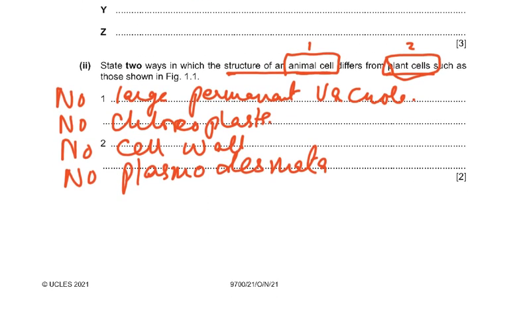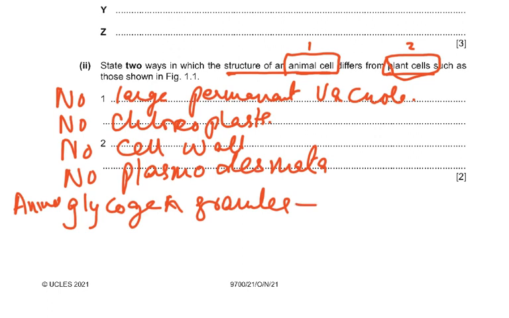Then in the animal cell, you have glycogen granules. So animal cell will have glycogen granules, while the plant cell will have starch granules.